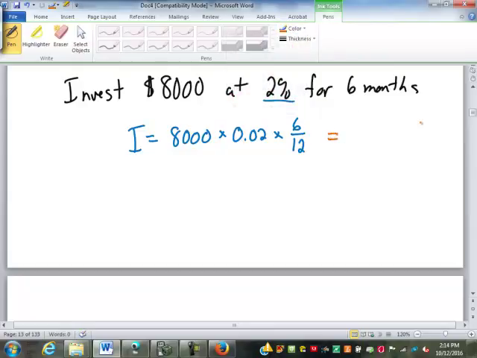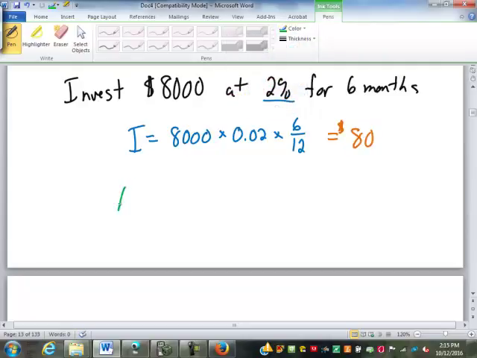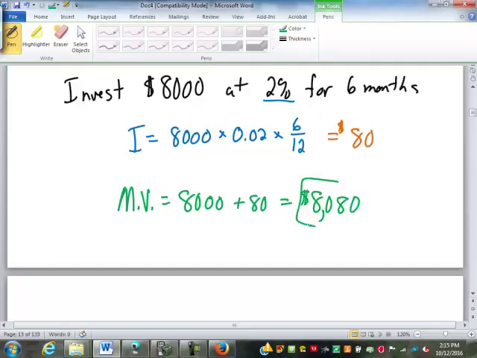So we multiply that out. 8,000 times 0.02 times 6 divided by 12 is $80. So I still have to find how much I have at the end. So that maturity value is what I'm looking for. It's the 8,000 plus the 80, which is $8,080 is how much we'll have at the end of the 6 months.